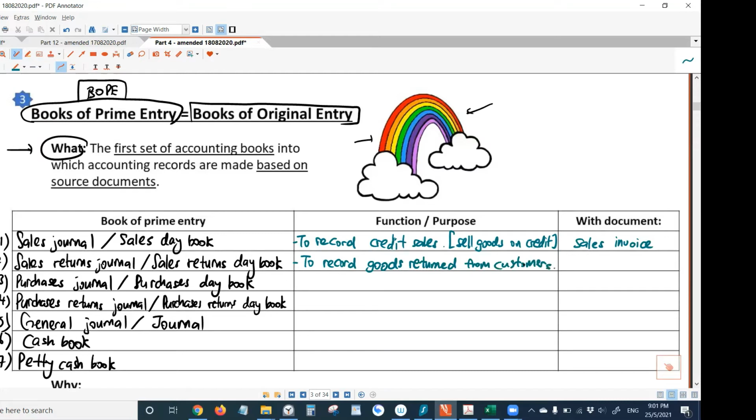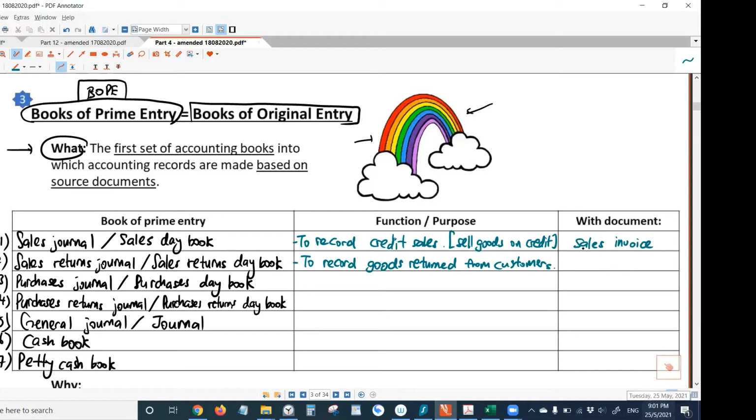After you have written this, you try to determine what document will be recorded into this sales return journal. Credit note. Okay, good, credit note.